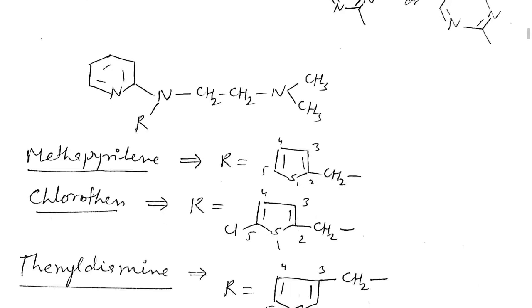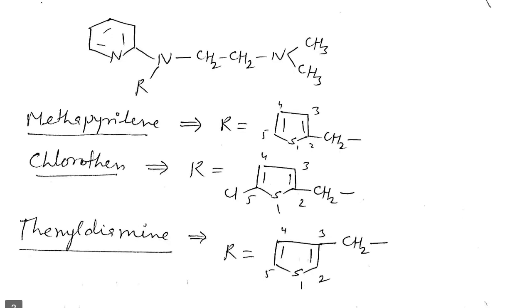Another example is methapyrilene. Similarly, in the ethylene diamine group, one amino group contains dimethyl groups and the other nitrogen contains a pyridine group, with R being a thienylmethyl or chlorothienylmethyl substituent: methapyrilene, chlorothen, and so on.